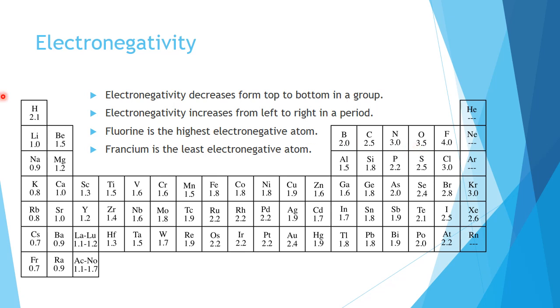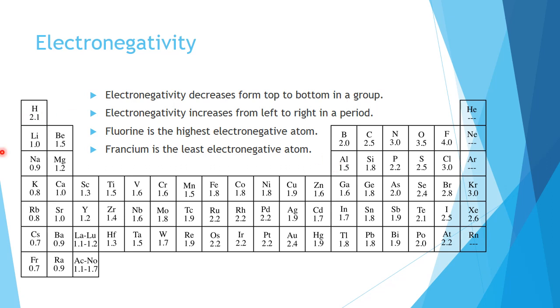So if we consider all these rules, we say that the first group elements should have the least electronegativity values, because if we go from left to right, electronegativity values increase.